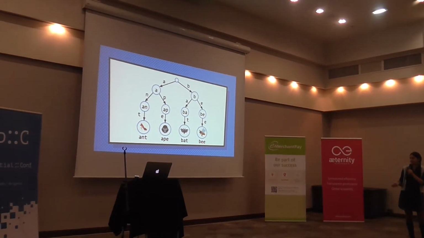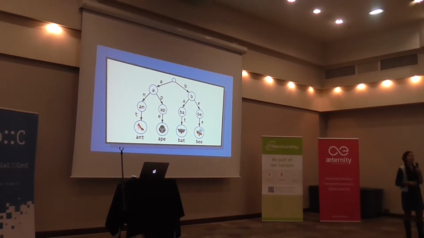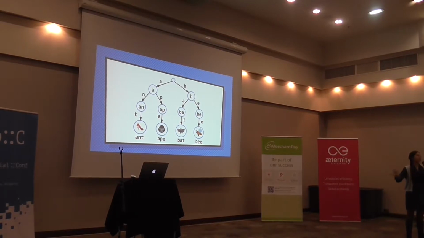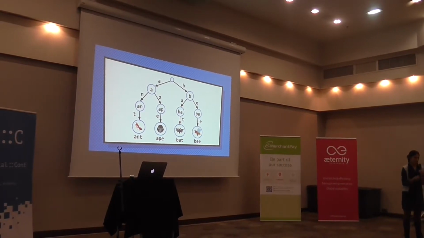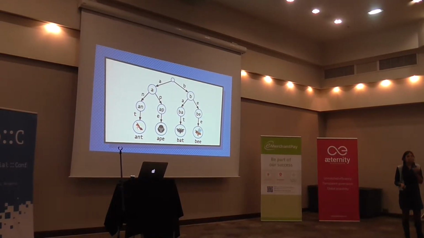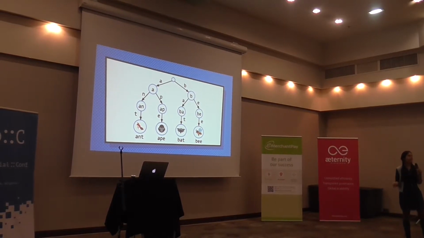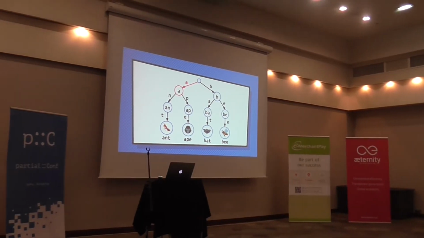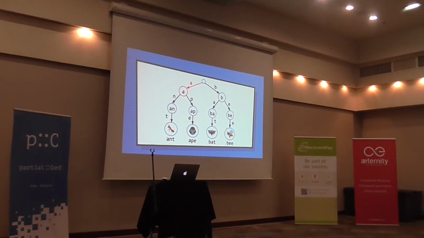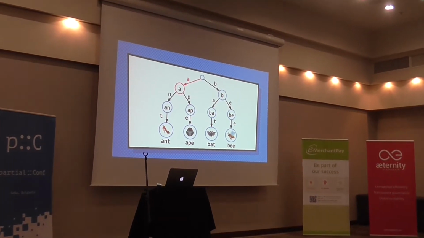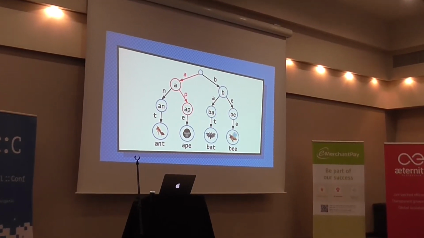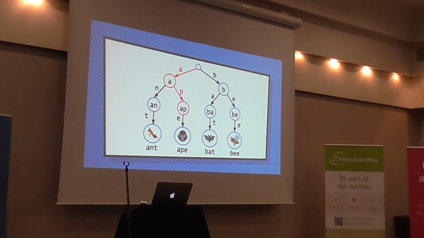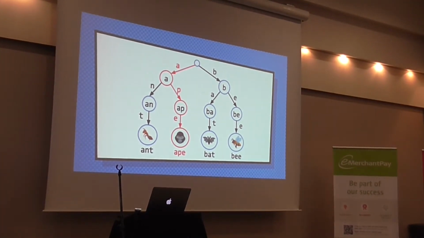In this type of data structure, from the root, I would have a branch for each of the first letters that I might encounter for an animal name. And if I want to look up an animal like ape by its name, I would start with the A branch, and then from there I would go to the next letter. I would have different branches for all of the possible next letters, so I would take the P branch, and then from there I would have an E branch, and ultimately I would end up at my ape.